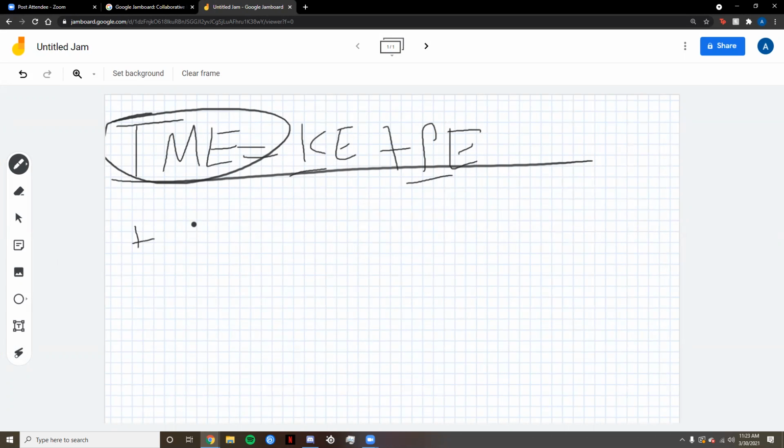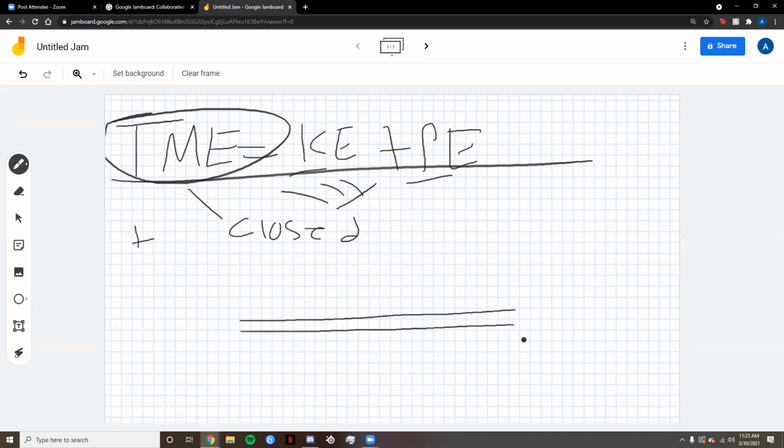So the formulas we're going to be looking at, well, if TME is a closed circuit, like no energy is escaping, let me put this into an example for people to understand. Let's say I have a hose, right? And it goes from one bucket to the other bucket. If it's closed and nothing is escaping, theoretically, when this bucket empties, if this bucket is full and they're the same size, then the other bucket should be full with the same amount of water, right?